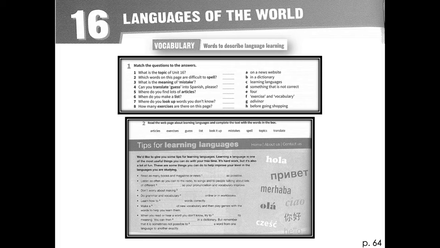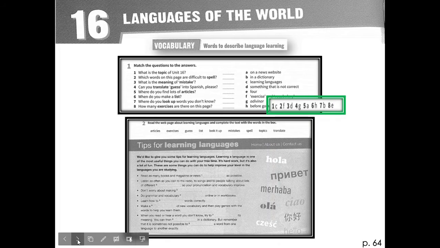First one, what is the topic of Unit 16? We know the topic is given here, the title is here. So the answer is C, learning languages. The topic is languages of the world, and how do people learn languages all around the world. You will find that most people learn it the same way.